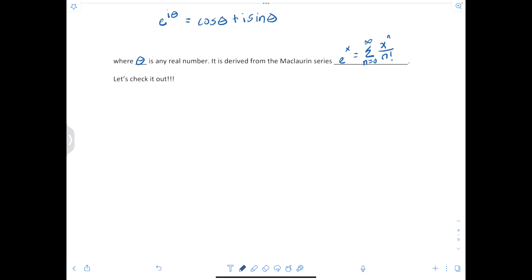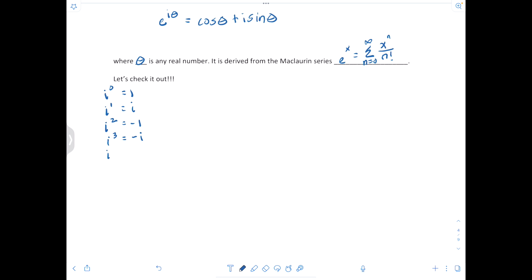So first, if we check out the patterns for I, all right? I to the 0 is 1, right? I to the 1 is I. I squared is -1. I cubed is going to be what? I squared times I, which will be -I.